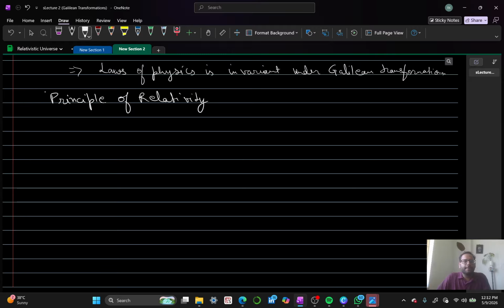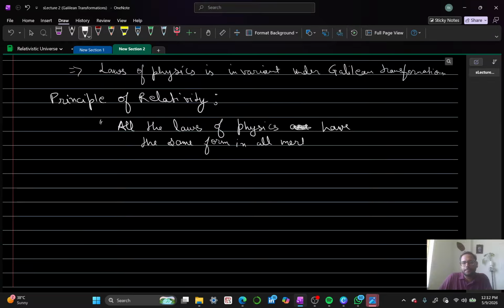So the principle of relativity is given as that all the laws of physics have the same form, or are the same, in all inertial frames. This was given by Galileo Galilei.